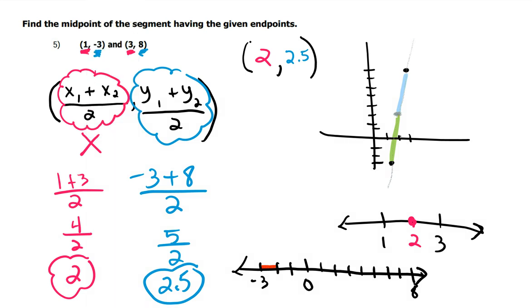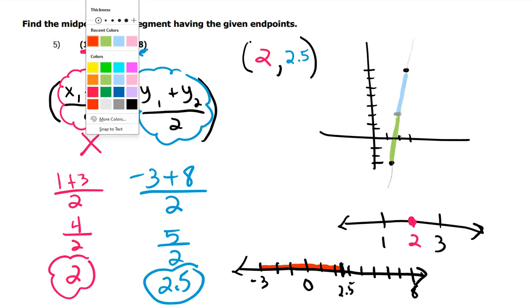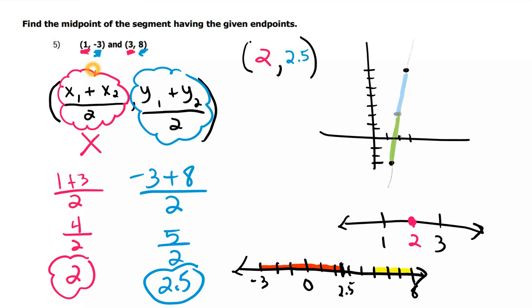This would be 1, 2, 3, 4, 5.5, because we found it to be at 2.5, which is right there. And then on the other side of that, from 8, 1, 2, 3, 4, 5.5. So 5.5 on both ends.